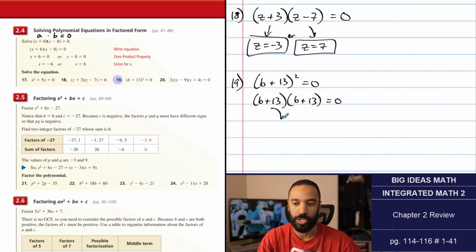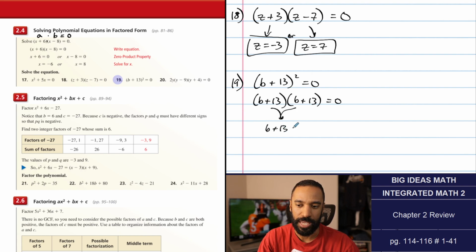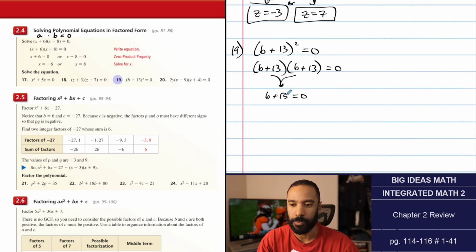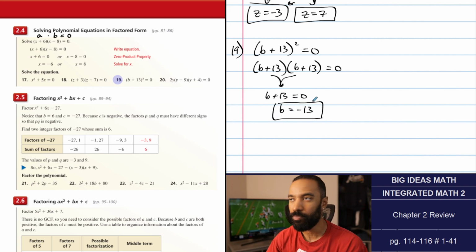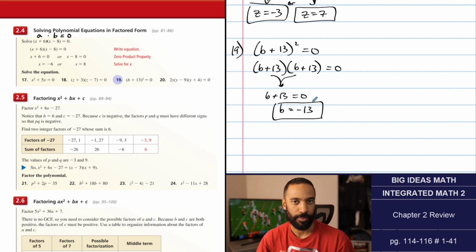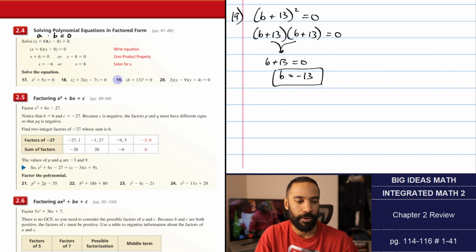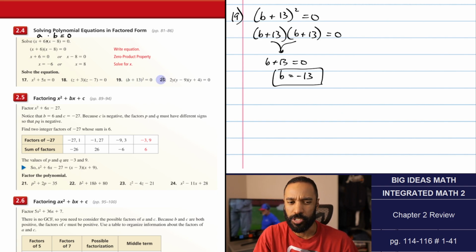It's the same solution that we're looking at in the end. Once again, it's a wasted step to write, but b plus 13 is the only thing that can equal 0 in this case. That's not a capital B, by the way. So b equals negative 13. That is the result, the only one solution. There are instances where quadratics will only have one solution or no solutions, although I don't think we're referring to any of those right now. That's not till probably some parts of chapter 3 with our graphs, but more so chapter 4.